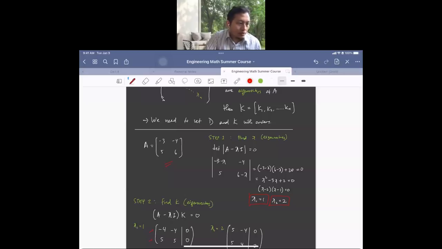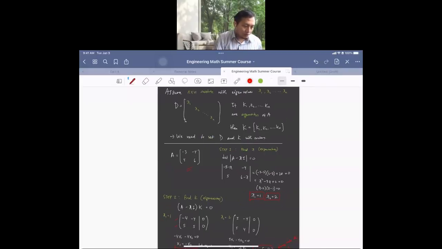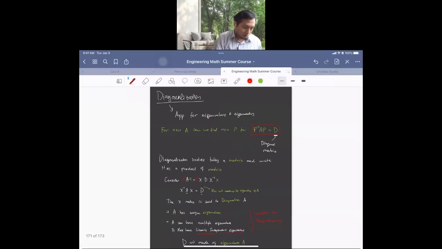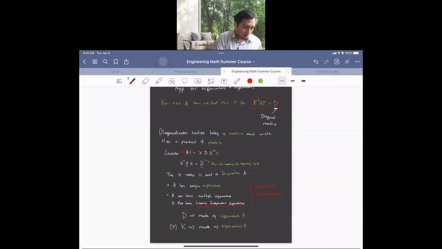There is another note that I forgot to mention about these diagonalizations. There is a statement that is important to you. Let me go. Okay, here.